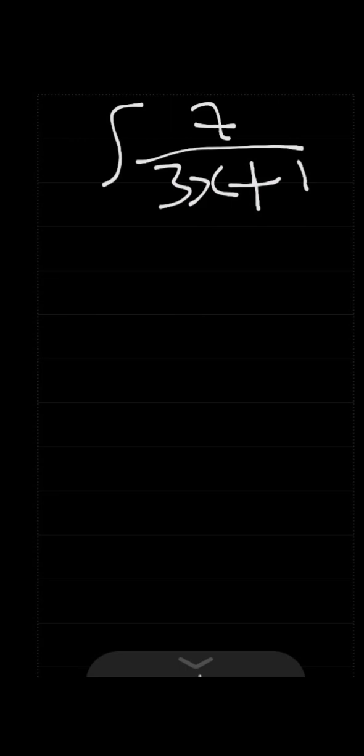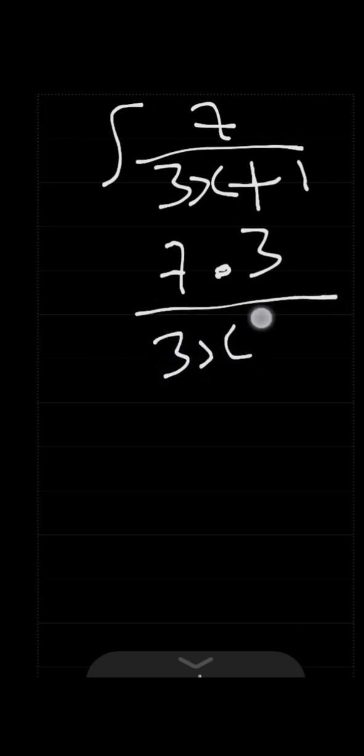Okay, so first of all, let's try to differentiate the denominator, right? If you differentiate the denominator, we get a 3, right? But on top we have a 7. So we can modify and multiply on top. Let's multiply on top by a 3, right? All over 3x plus 1.